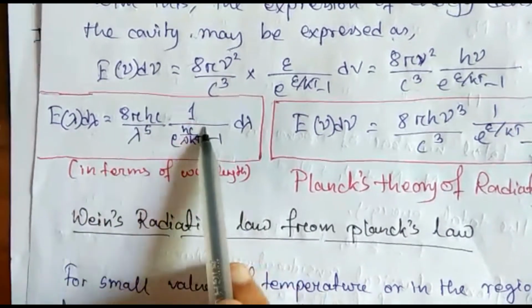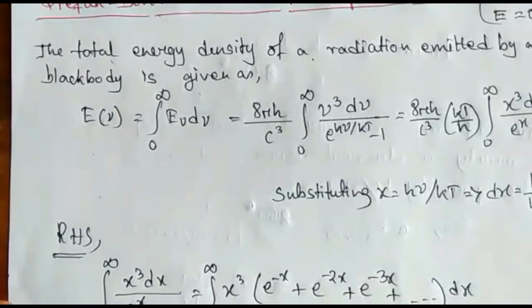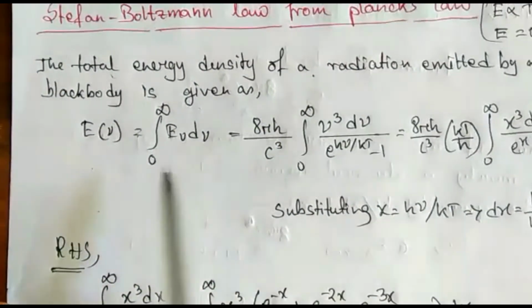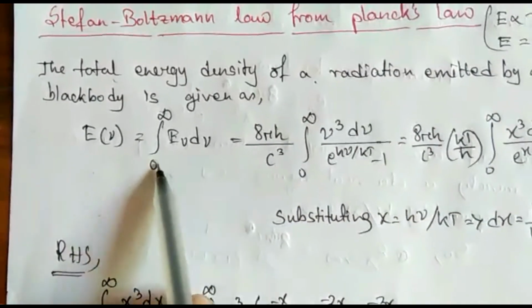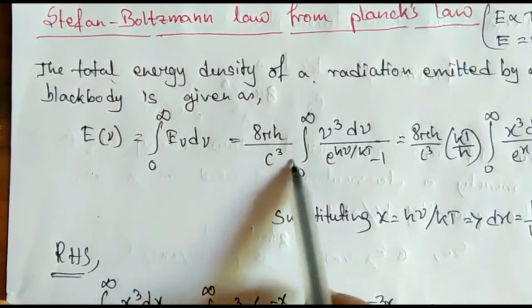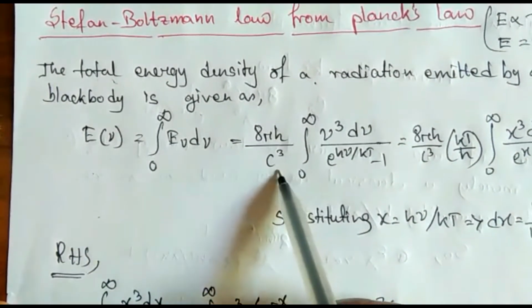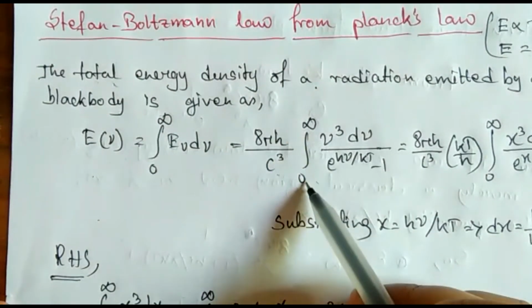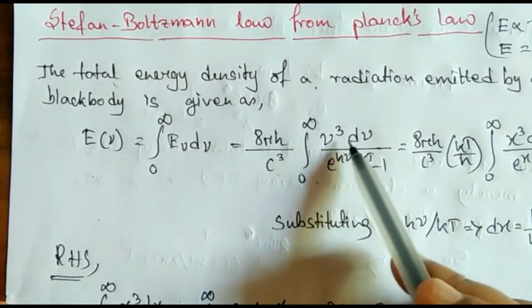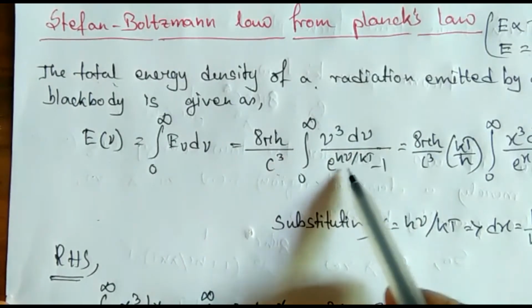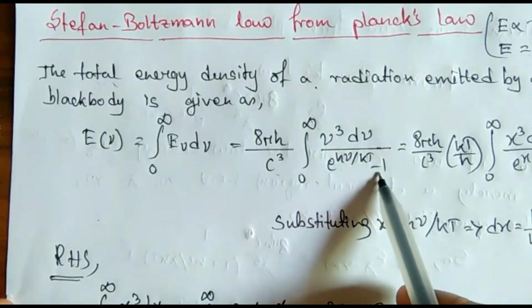So that was Planck's formula, and this energy density we can write in this form: 8πh by c cube, integrating 0 to infinity, nu cube d nu by e to the power h nu by kT minus 1.